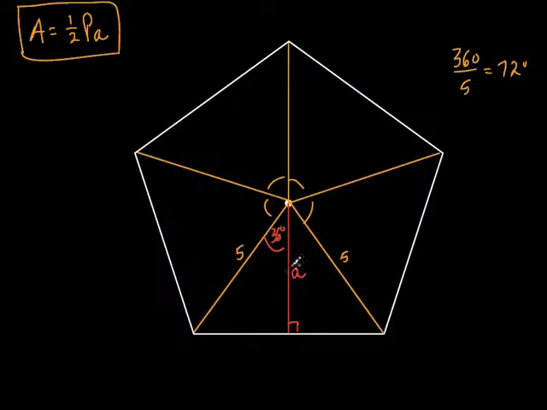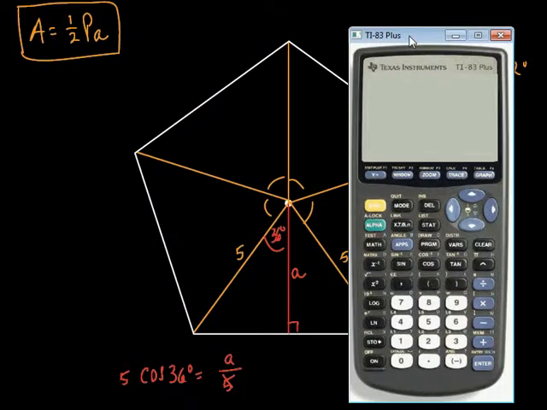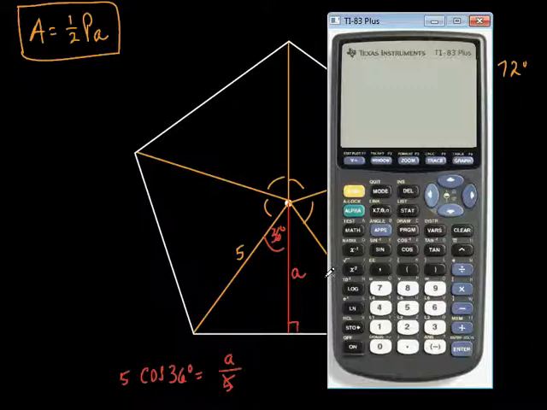Okay, you said cosine. Why? Because this is adjacent and this is hypotenuse. So we use the cosine of 36 degrees equals the adjacent over the hypotenuse. Yep, multiply both sides by 5, and let's solve for A, which is the apothem. And that's basically half of what we're trying to find, isn't it?